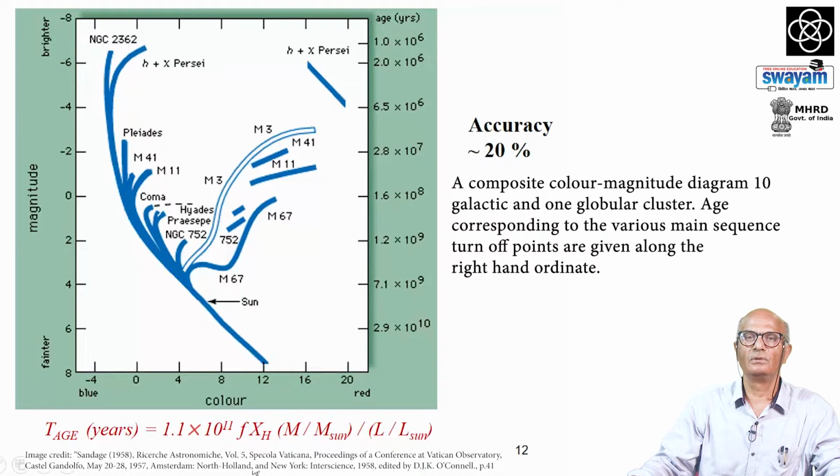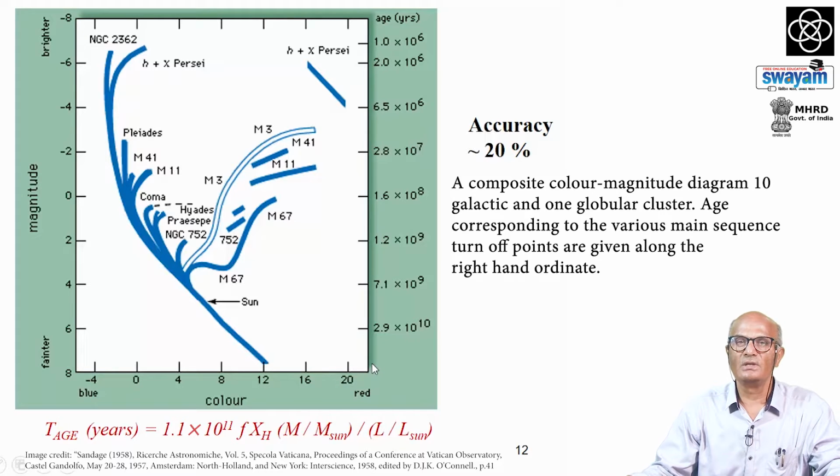And here this diagram has been taken from the work of Sandage's group, and as you can see, on the y axis it is the absolute magnitude, on the x axis it is color from blue to red, and it is indicative of temperature.